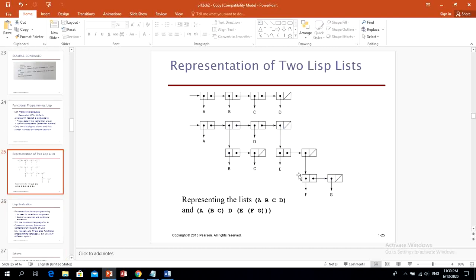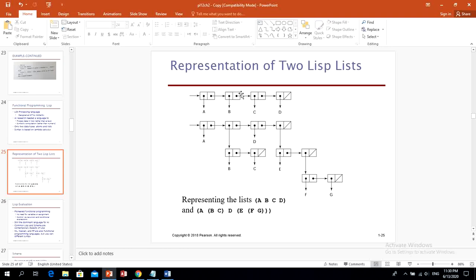The representation of a list is like this. You will see lines like dominoes. If you would like to represent the list A, B, C, D, with A within parentheses and B, C within an inner parenthesis, D outside the parentheses, and then E within a parenthesis, but E, F inside another parenthesis.